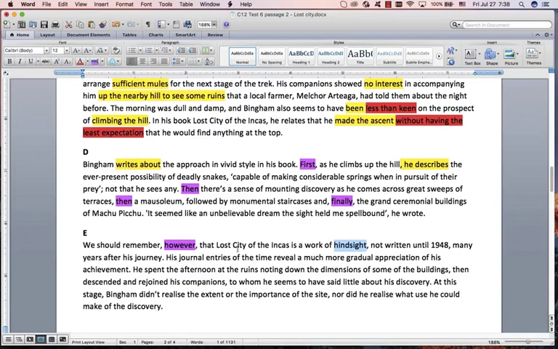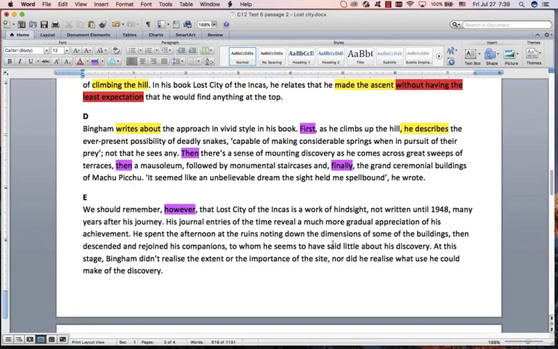So this paragraph is actually comparing his book, which he wrote in 1948, and his journal entries of the time. This is just all a description. There is a bit of repetition in this paragraph. Slow appreciation, gradual appreciation.